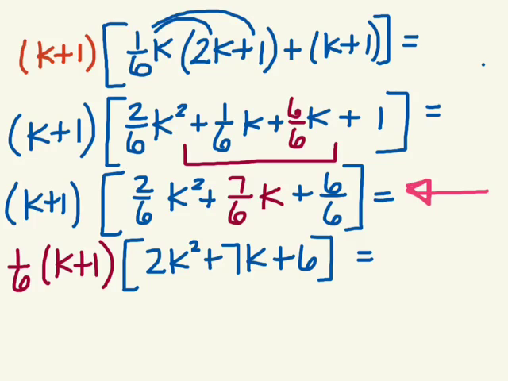Now we just need to factor what's in our brackets here. We need things that multiply to 2 times 6 and add to 7. So that would be 3 and 4. And you guys should be factor masters at this point.